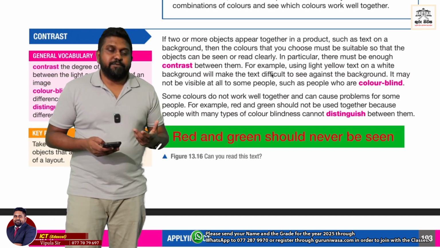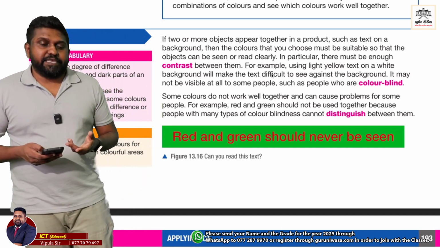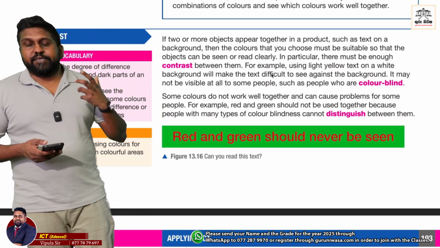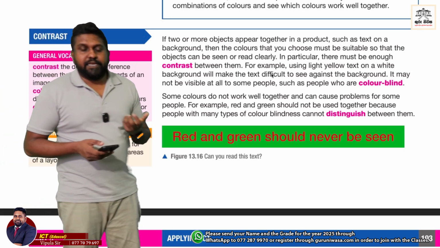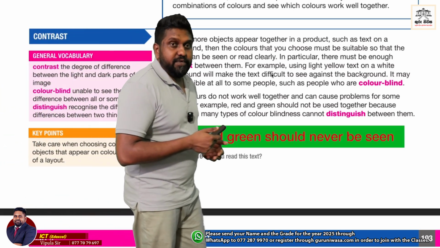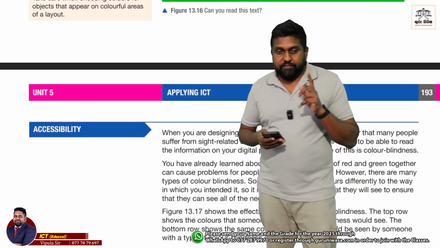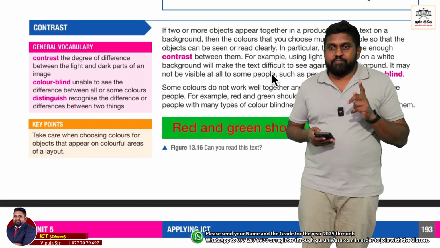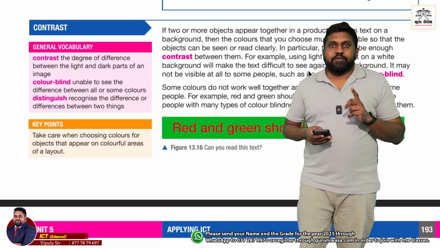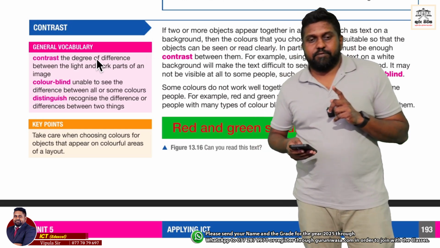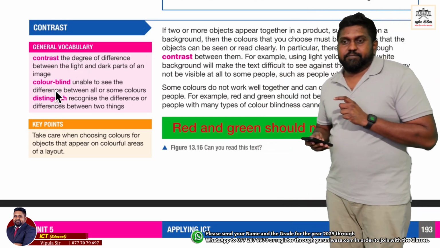So the idea is basically you have to be careful. You have to make sure that everybody can see it, and the color palette and the contrast have to be properly selected. When it comes to colors, we have one more pain point, known as colorblind people.